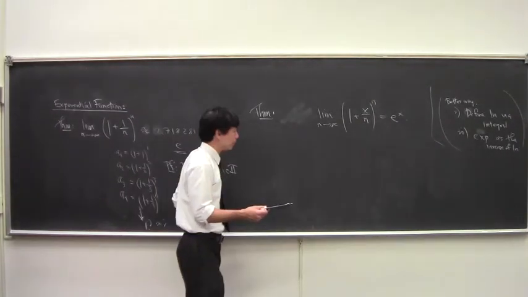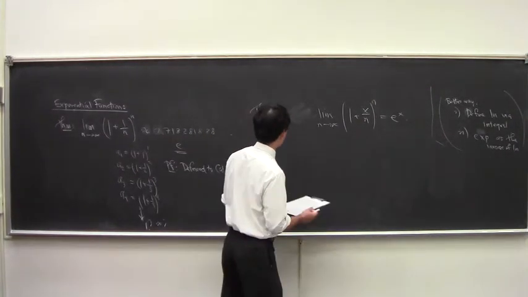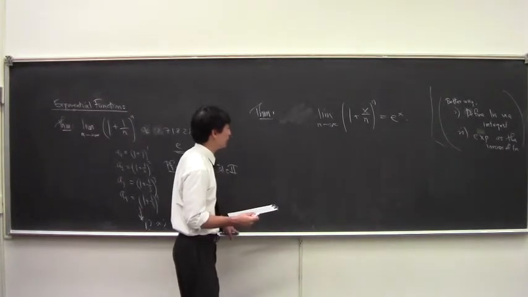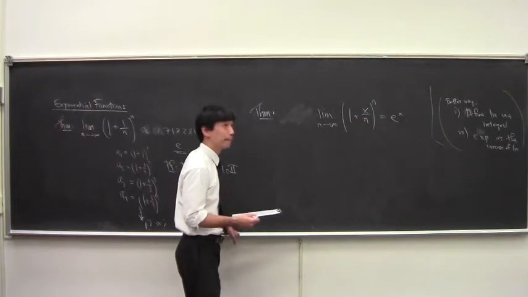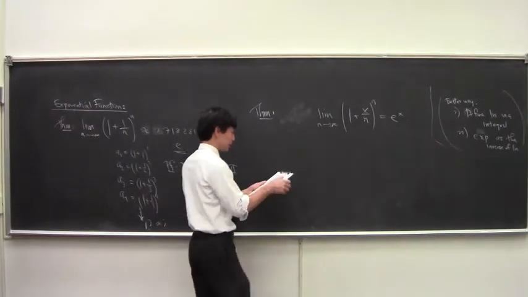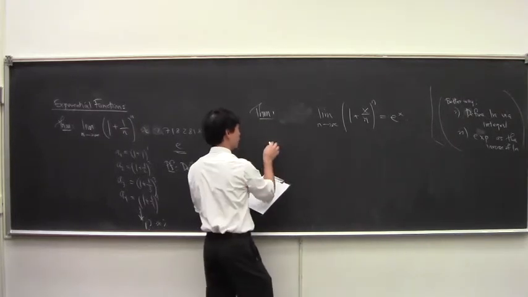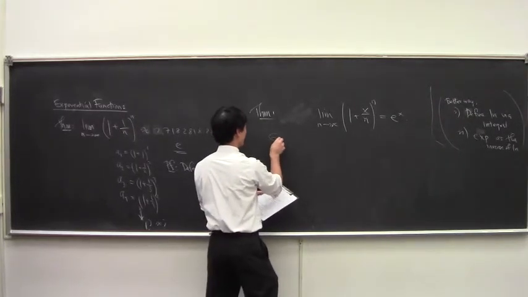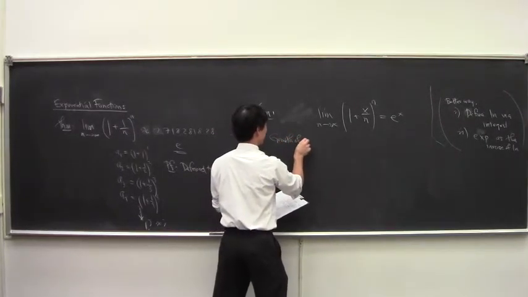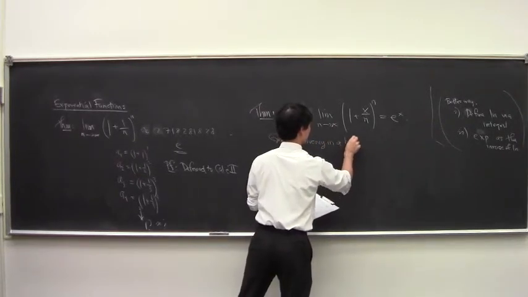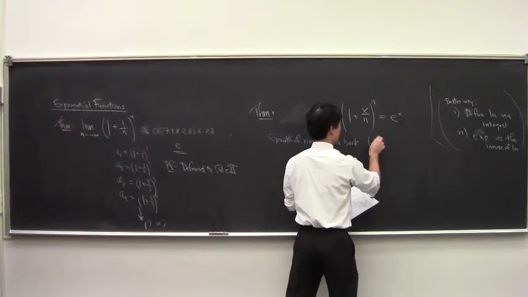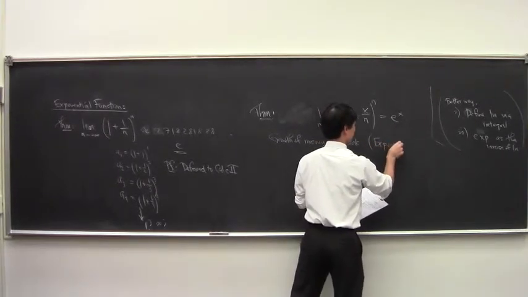Let me just say one thing, and that's about the growth of money in the bank, so-called exponential growth.